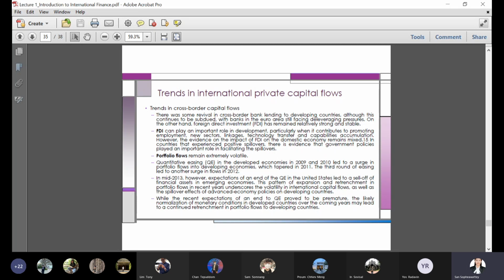during the GFC in 2009, 2010, the developed economies did a lot of unconventional monetary policies, or we can also say quantitative easing, in order to support economies, to spur economic growth during that time. So when they do unconventional monetary policy or QE, meaning that those advanced economies during that time lowered the interest rates, to almost zero.